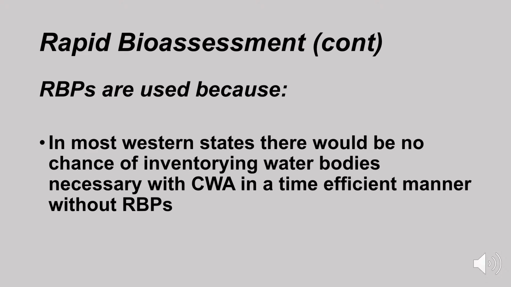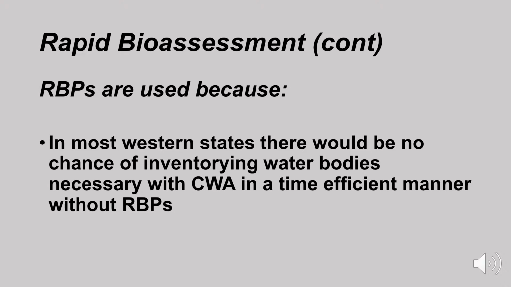So we can use these RBPs to comply with the Clean Water Act in a time-efficient manner. So we can get a lot of data fast, and we don't have to wait years and years and years to get to these streams, when we can send a team of qualified scientists out to take the samples, and we can just work watershed by watershed and eventually cover a state fairly fast.